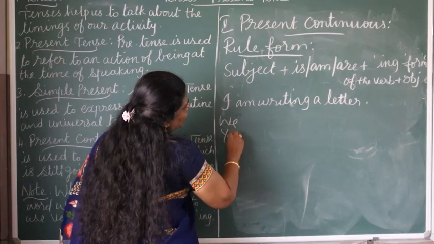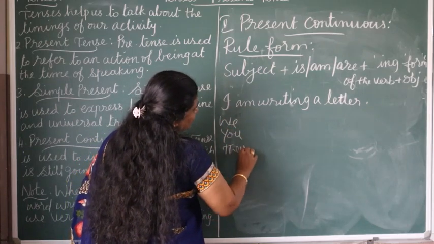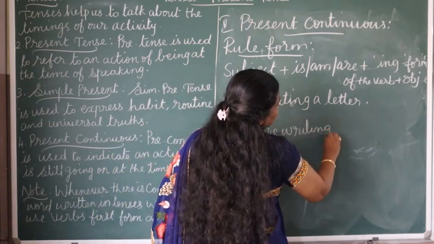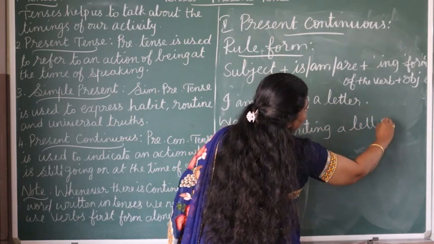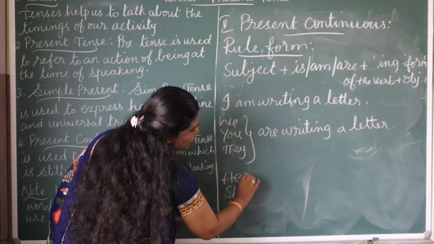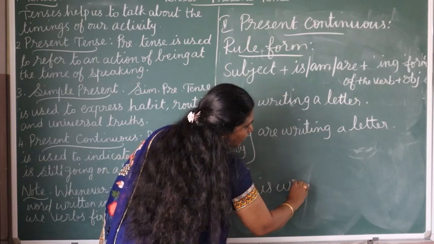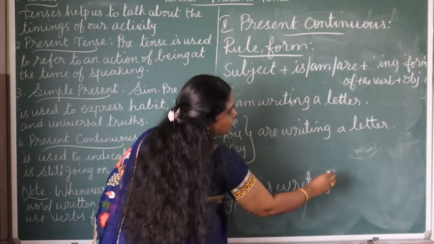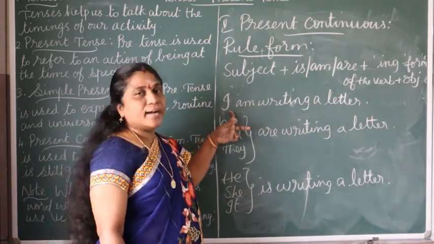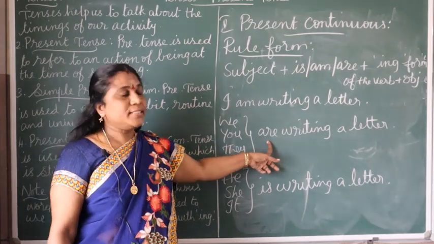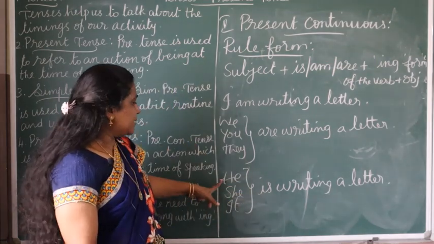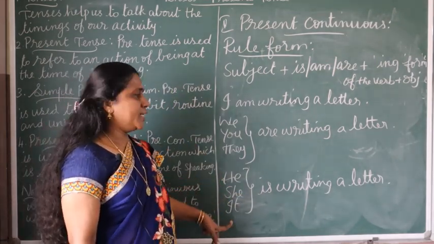We, you, they are writing a letter. And he, she, it is writing a letter. So am is used with I and are is used with the plural subject like we, you, they, and is is used with singular subject like he, she, it.